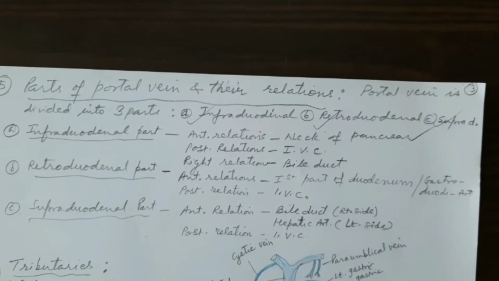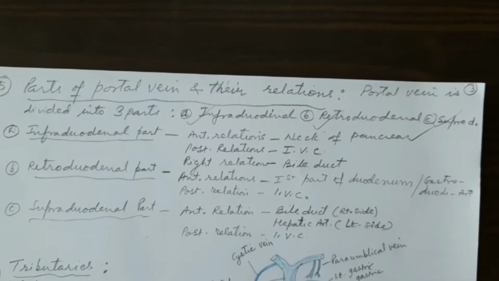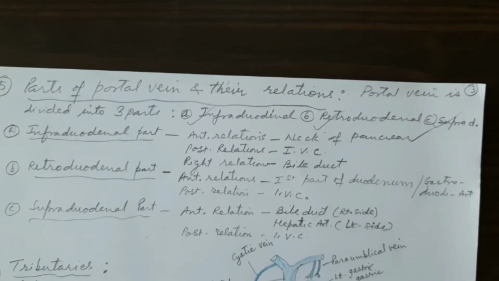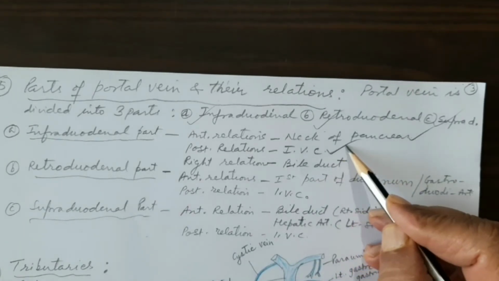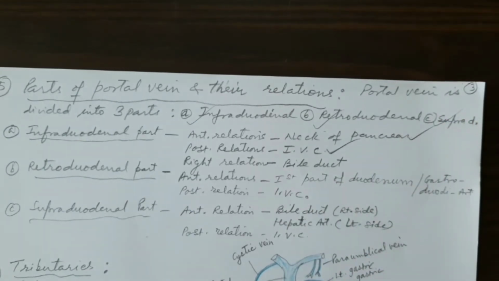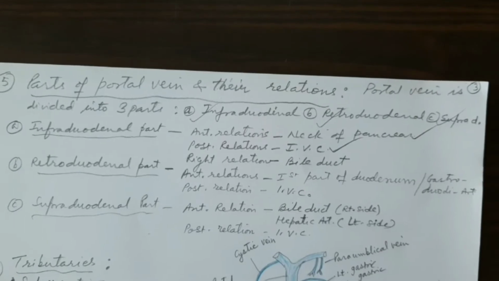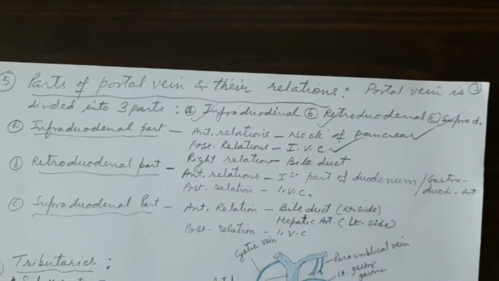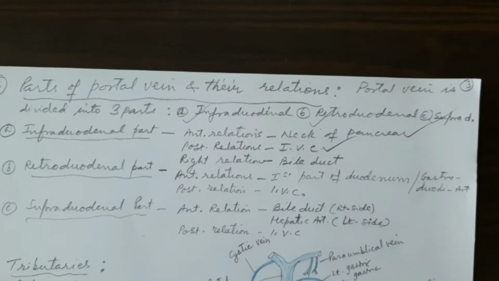What lies posterior to this infraduodenal part? The posterior relation is the inferior vena cava, and this inferior vena cava lies posterior throughout its course, right from formation almost up to the termination.